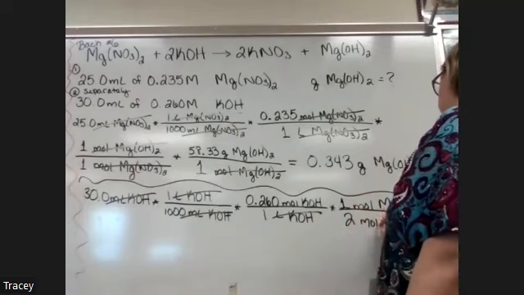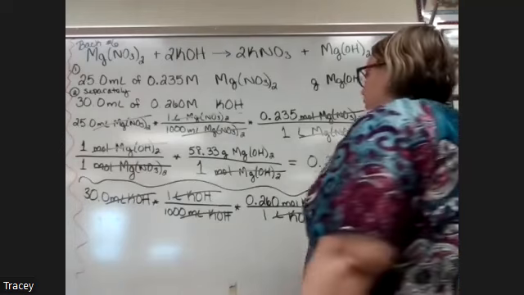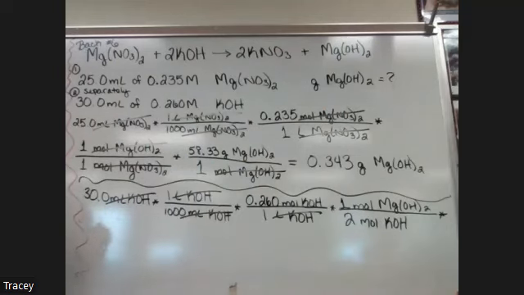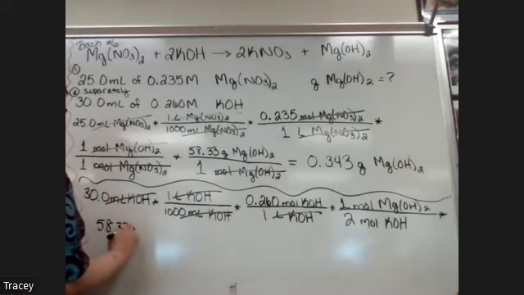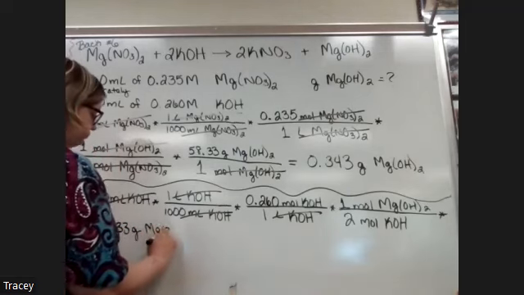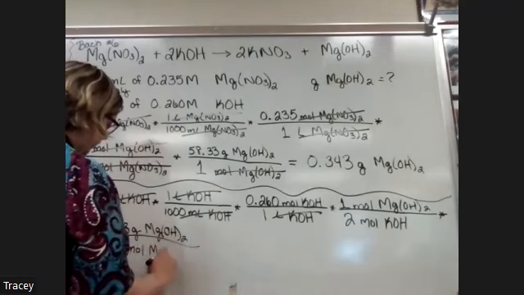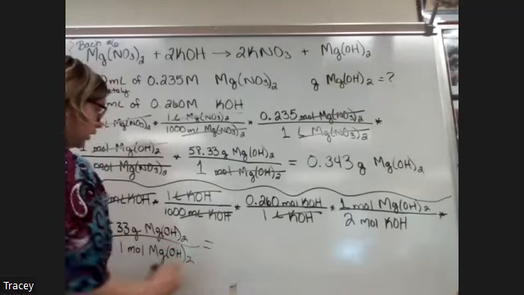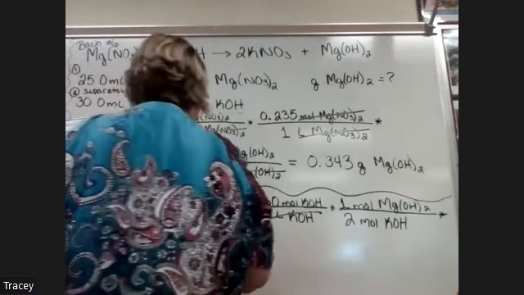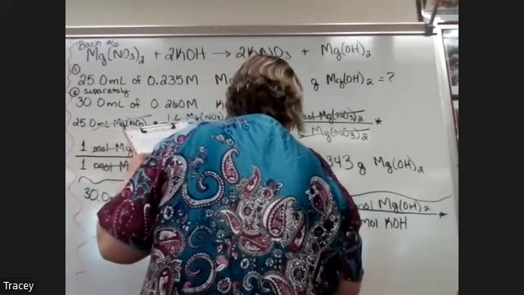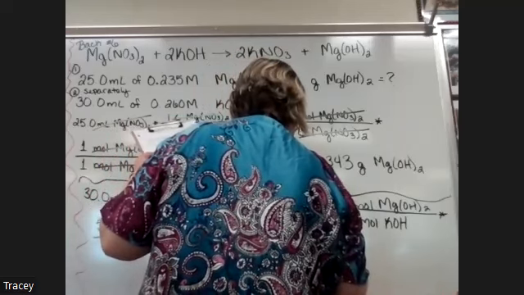It's going to be 2 mole KOH. And then now the same last step: 58.33 grams Mg(OH)2 over 1 mole Mg(OH)2. And that gives us 0.227 grams Mg(OH)2.